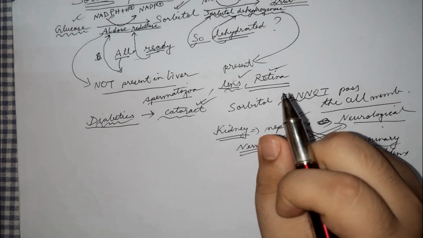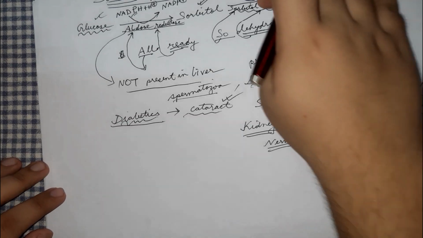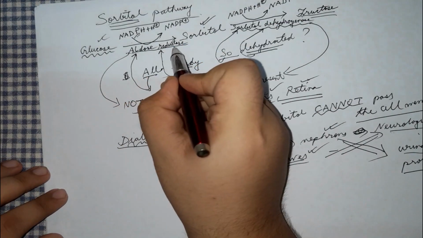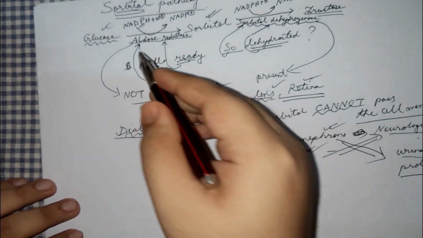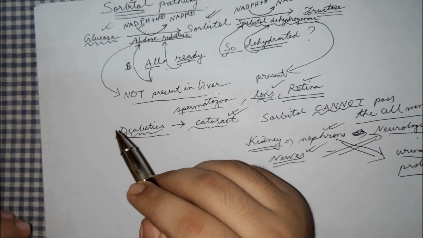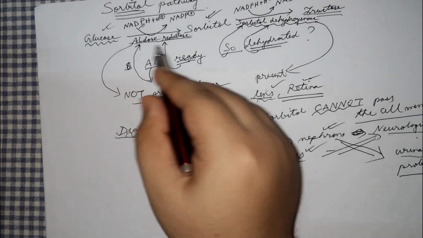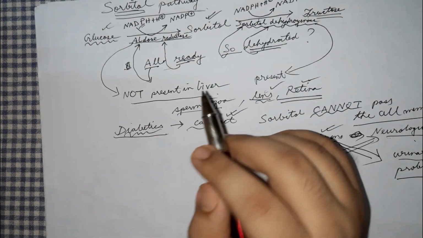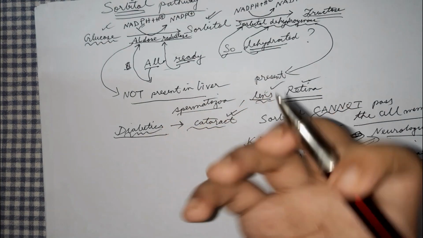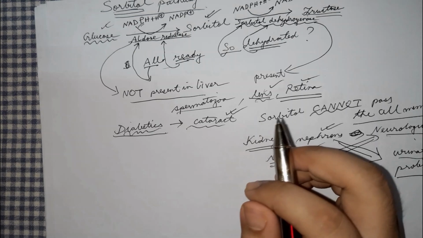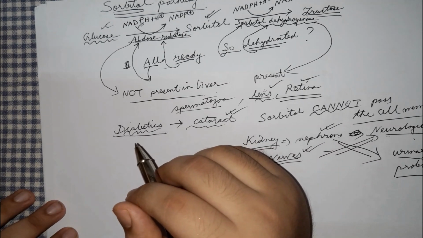To combat this, what is being developed nowadays is aldose reductase inhibitors. They will inhibit the sorbitol pathway, so sorbitol would not be formed and hence will not accumulate even in diabetic persons.